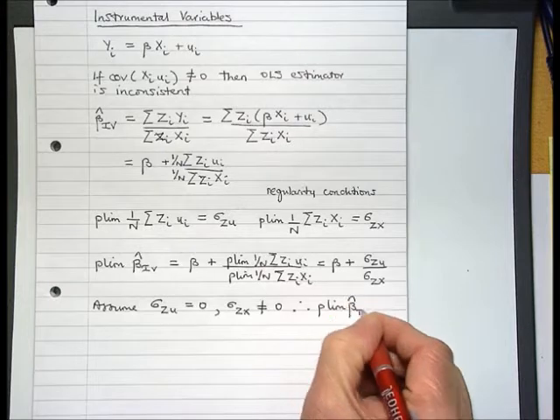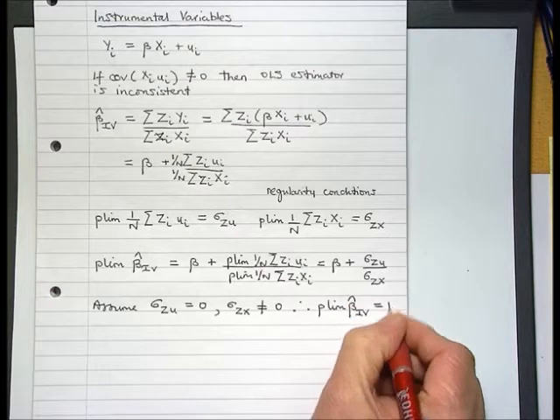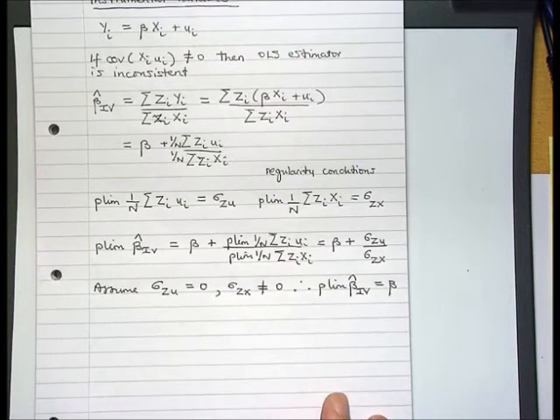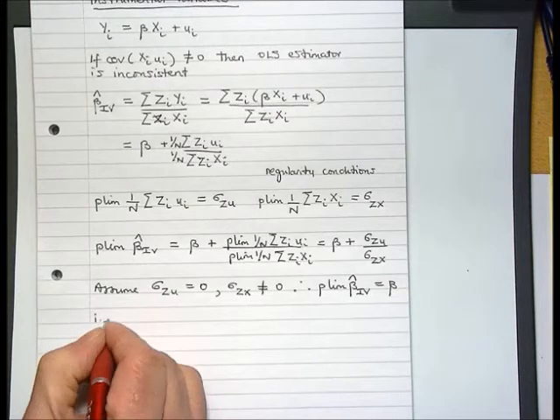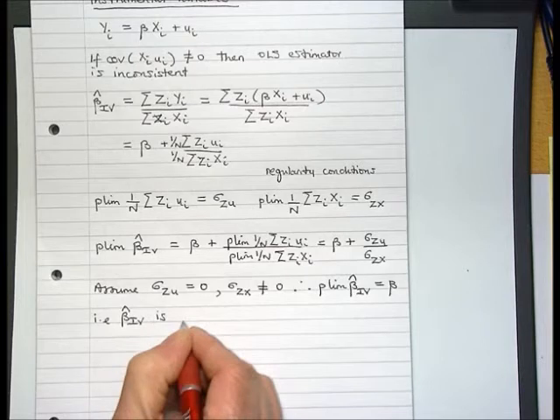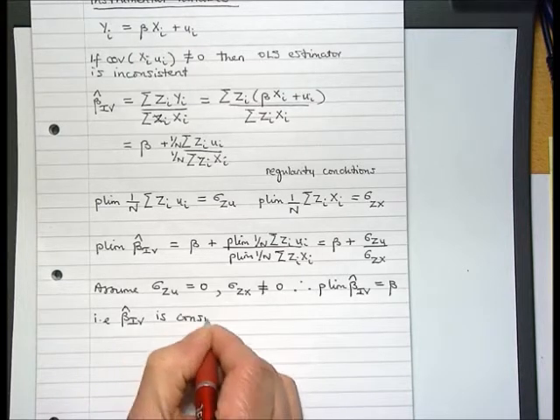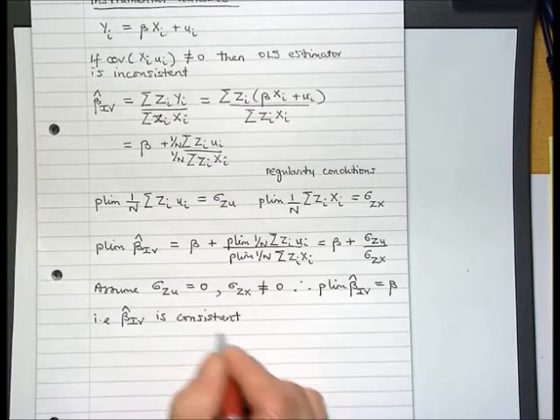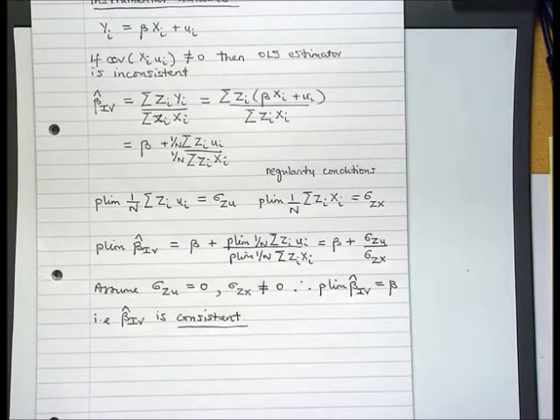So therefore we have that the probability limit of beta hat IV equals the true value beta, i.e. beta hat IV is what we call a consistent estimator. Okay.